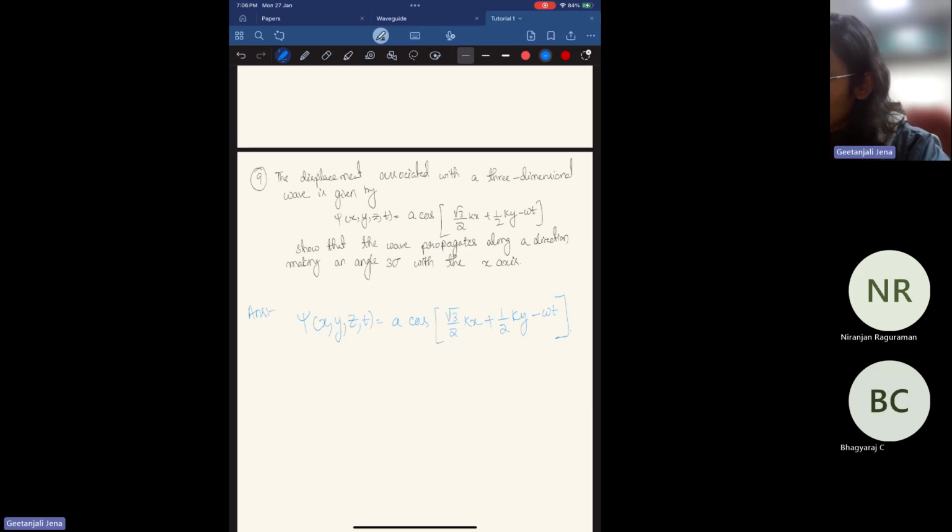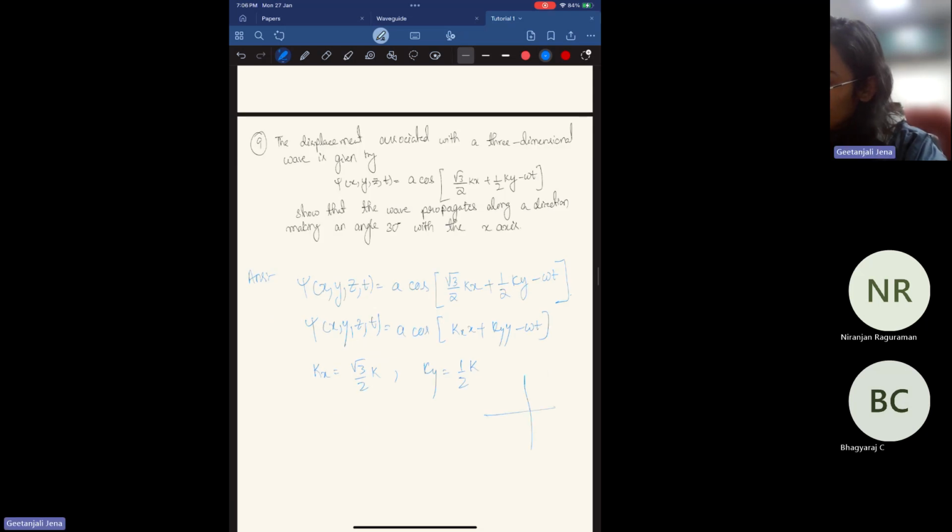Now if you compare this to the usual general expression of psi of x, y, z, t, it is a cos of kx x plus ky y minus omega t. So that means kx here is root 3 by 2 k, and ky here is half k.